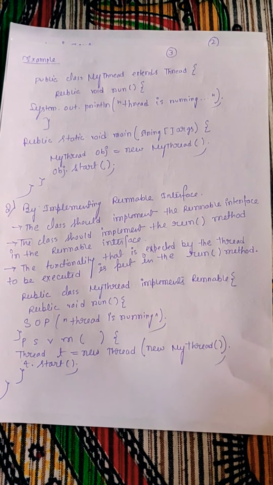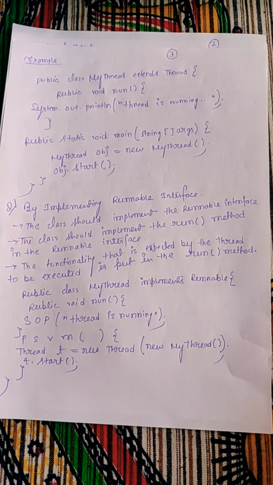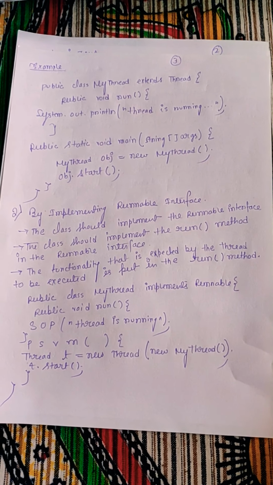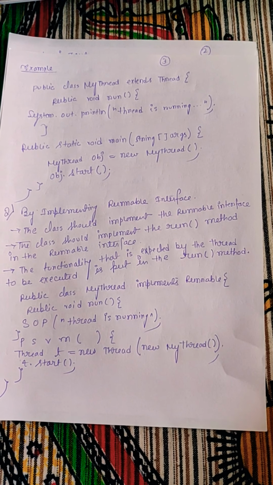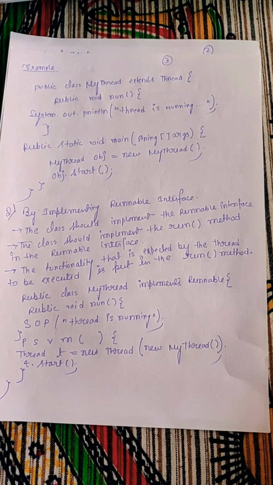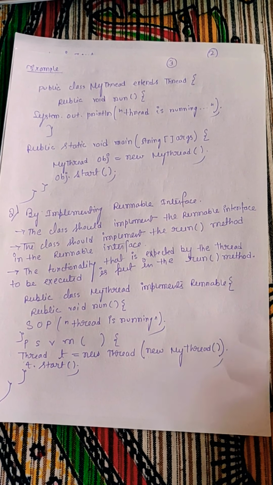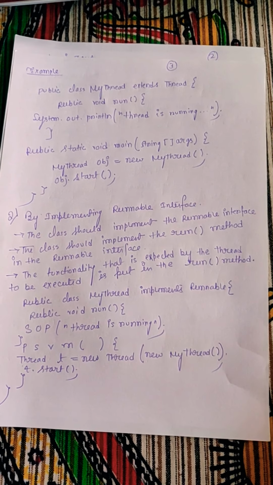Then we have declared public static void main. Then we create the object of the thread class and want to get access to the MyThread class.